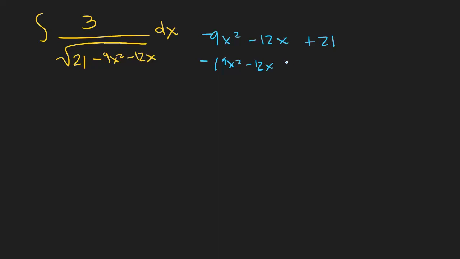The goal is to basically rewrite this in terms of a perfect square, right? And then that's going to be plus 21. So essentially we just have to figure out how to make this a perfect square.